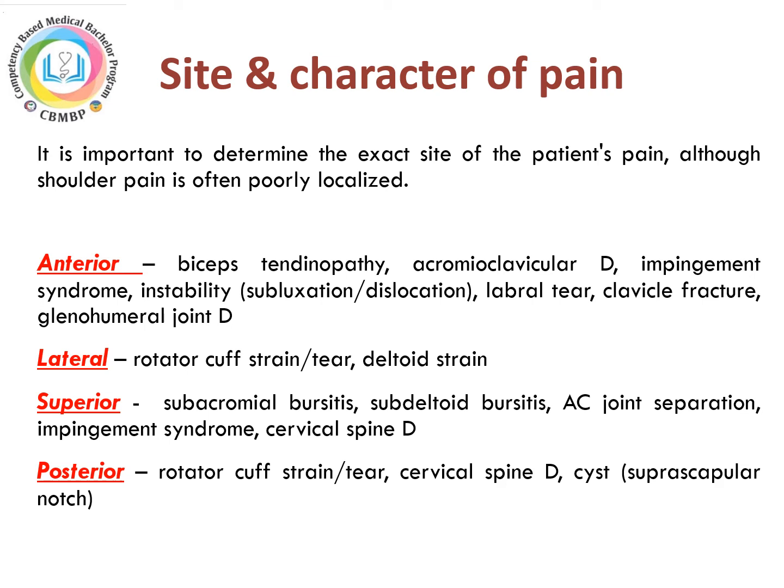However, with lateral shoulder pain, you should consider rotator cuff strain, tears, deltoid strain. Superior shoulder pain, consider subacromial bursitis, subdeltoid bursitis, impingement syndrome, cervical spine disease, and acromioclavicular joint separation.